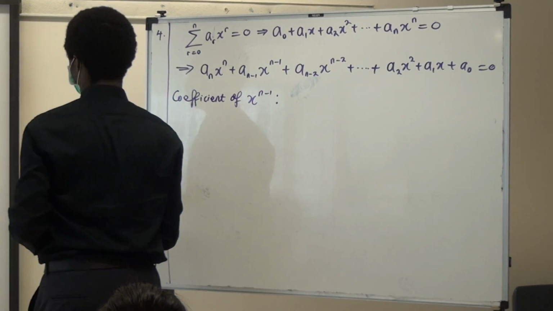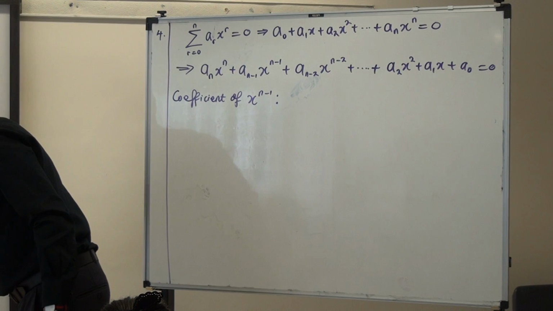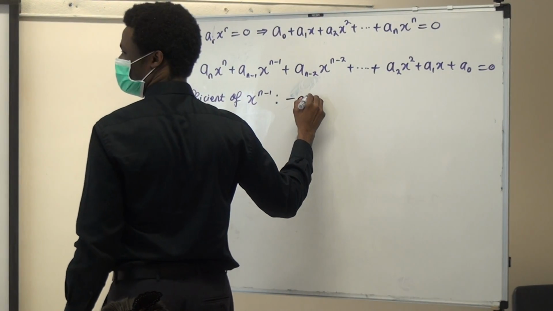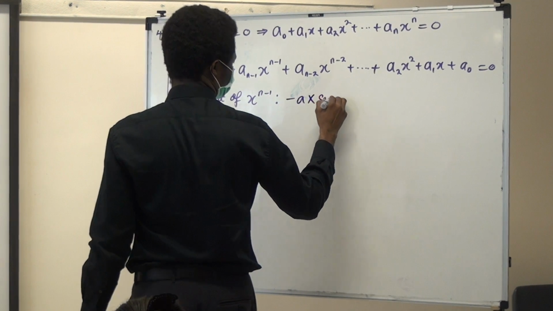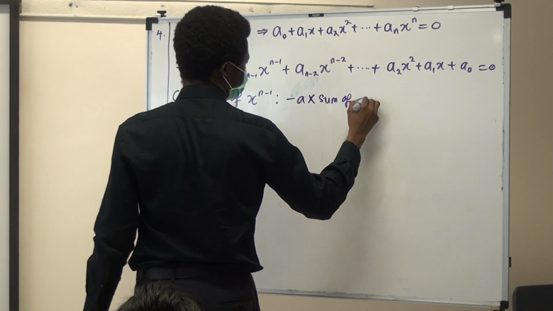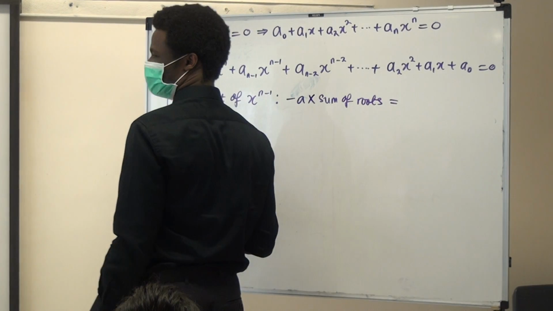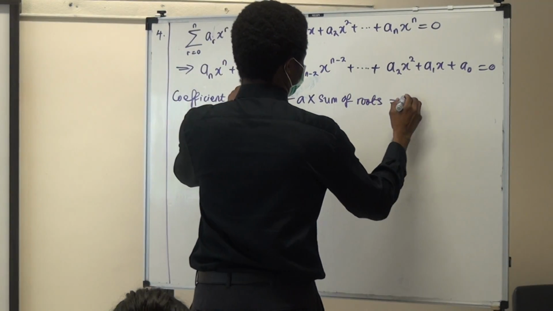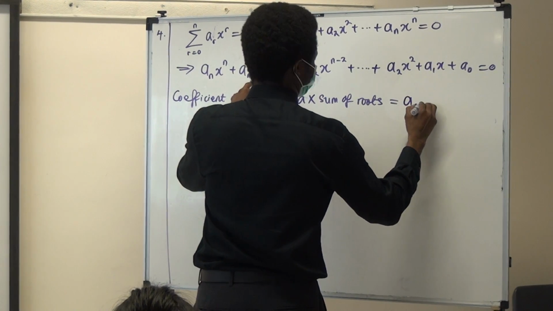That's where this comes from. In all of them, there is a minus A, right? Multiplied by the sum of roots. Yes? And this coefficient of x^(n-1) is what from here? a_(n-1).